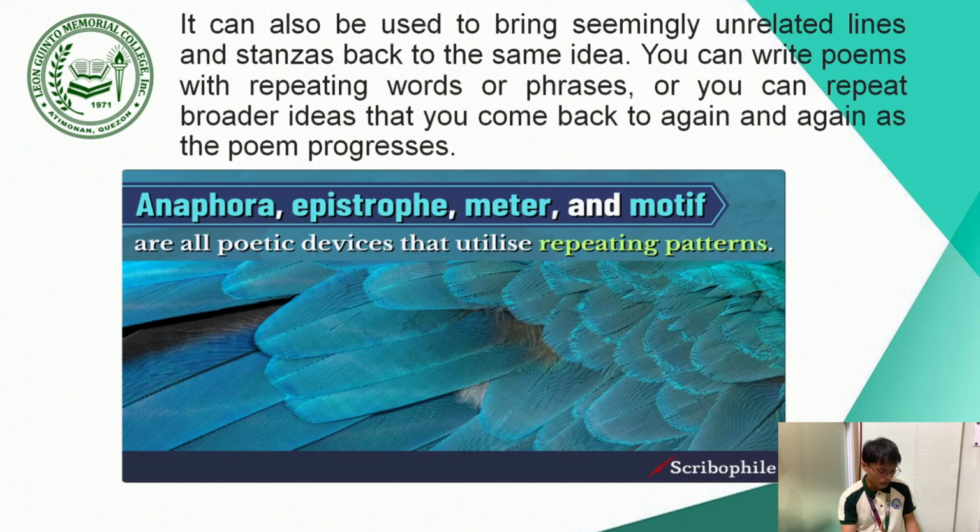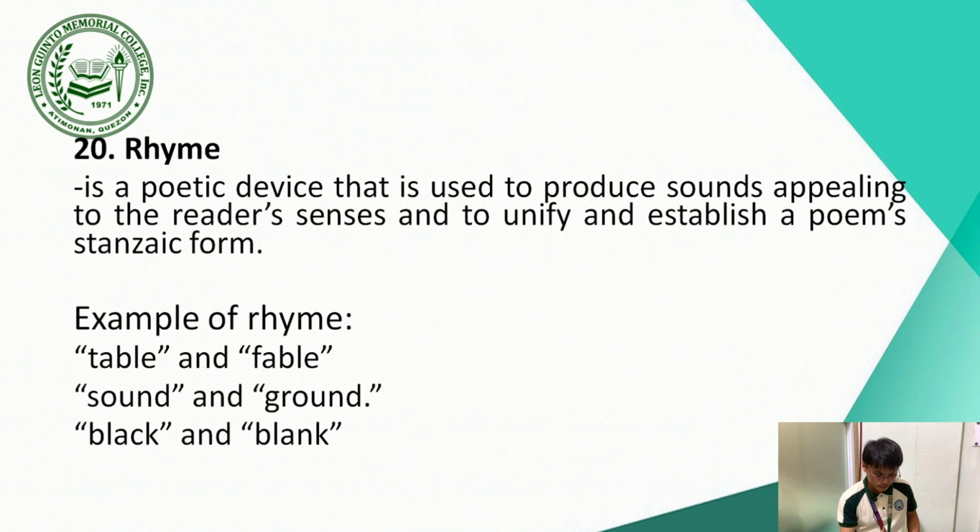You can write poems with repeating words or phrases, or you can repeat broader ideas that you come back to again and again as the poem progresses. As you can see in the picture below, anaphora, epistrophe, meter, and motif are all poetic devices that utilize repeating patterns. Okay.